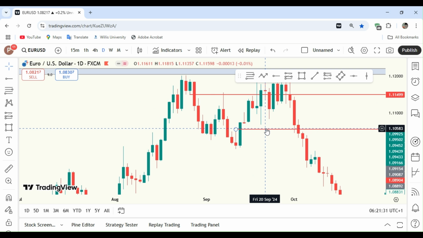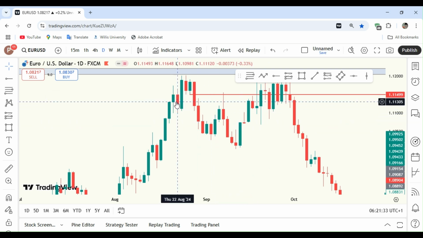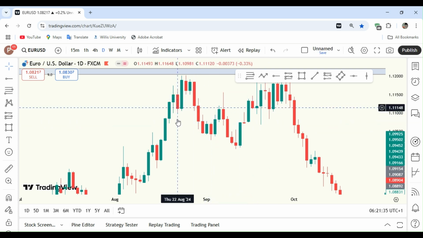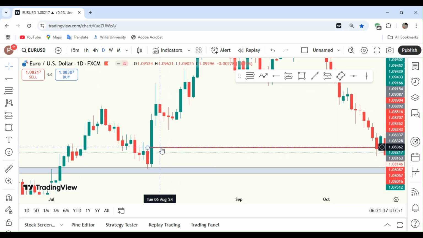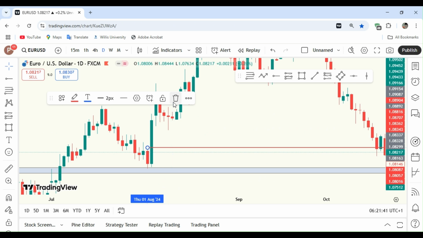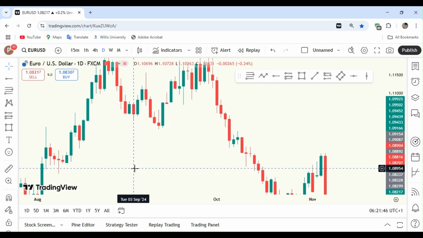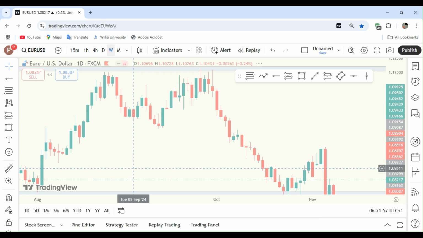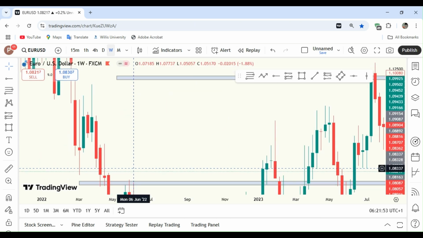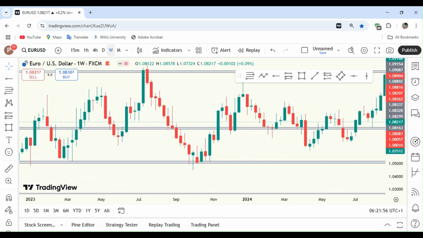So guys, this thing happens almost all the time in the market. You just have to train your eye. You just have to understand this concept and how to trade it. Now that being said, this is how you go about it. For me, I basically come onto my weekly time frame to have a feel of what the market is doing.